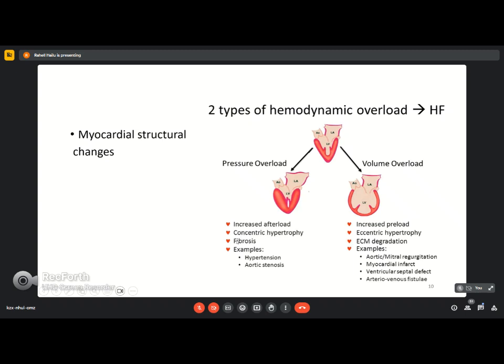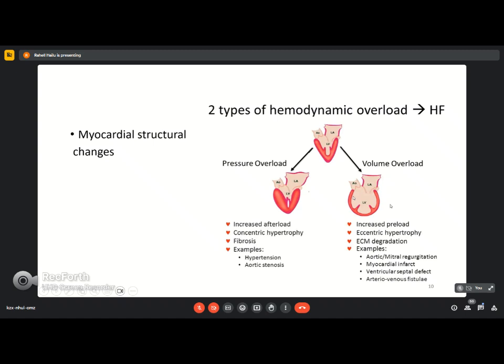Eccentric hypertrophy is usually accompanied by ECM degeneration. You would expect fibrosis, but this is some structural abnormality you would see in ECM degeneration. Aortic or any regurgitant lesions will result in volume overload. As you know, during the systole phase, you have blood being pumped into either the systemic circulation or the right ventricle pumping it into the pulmonary circulation.